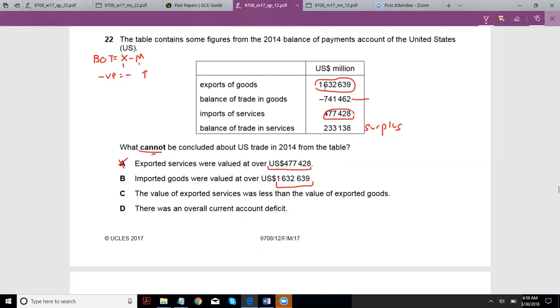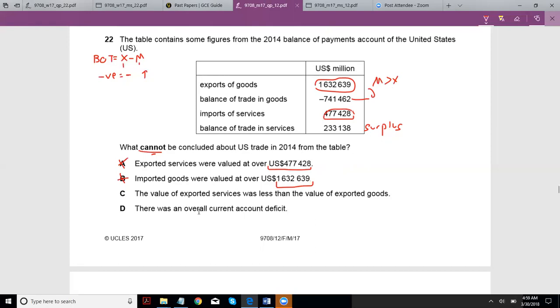So if your export is, let's say, 1,600,000 million, then your imports need to be more than that. In this case, your imports do need to be greater than your exports to yield a negative value to get to a deficit. So yes, we can conclude this as well, that imports will be valued more than this value to get that deficit, and hence we'll cross that out as well.